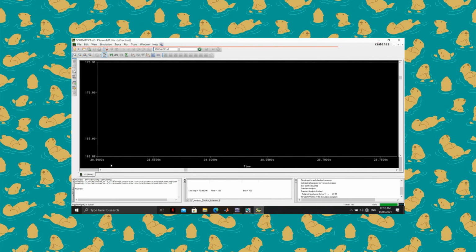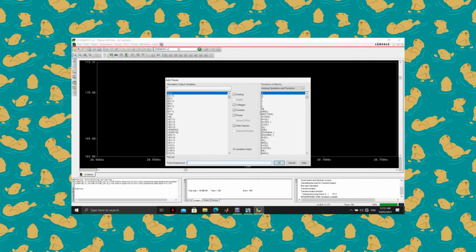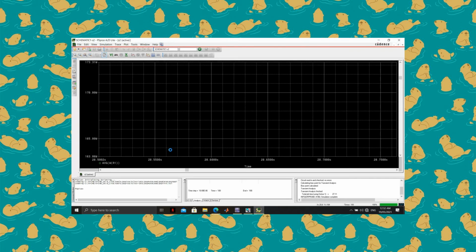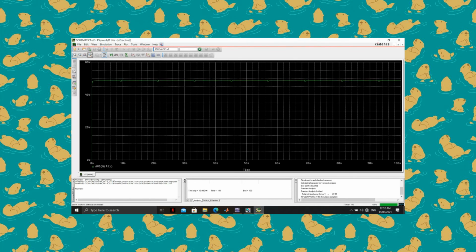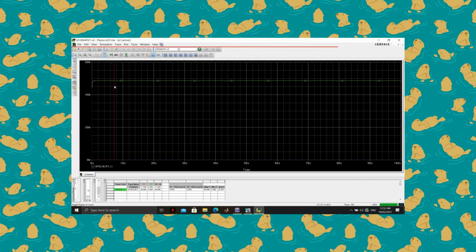Lastly, we could try to get the power. Click average and power across our resistor. Zoom out. From here we could see that the power is at a steady state. It only has few differences across each point, but it is considered steady since it only has minimal changes in value across time.